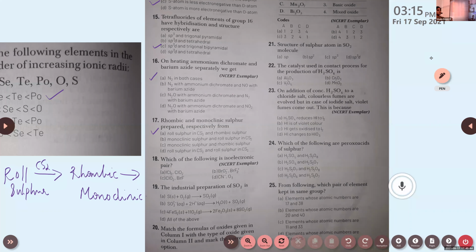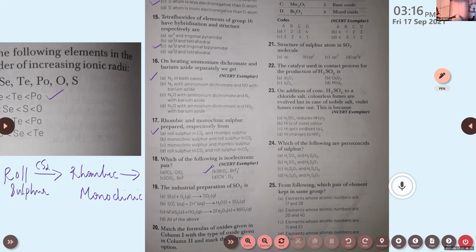If there is a plus sign, you have to subtract one electron; if it is minus, you have to add one more electron. Clear? So here the correct answer is option B, BrO2 minus, BrF2 plus.